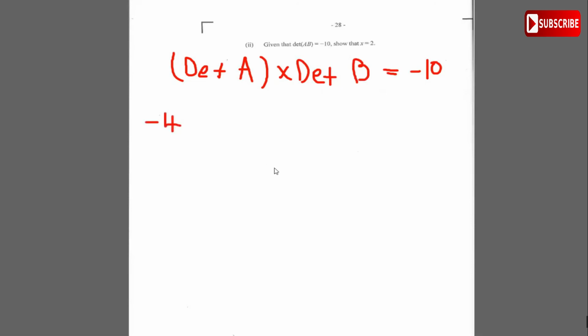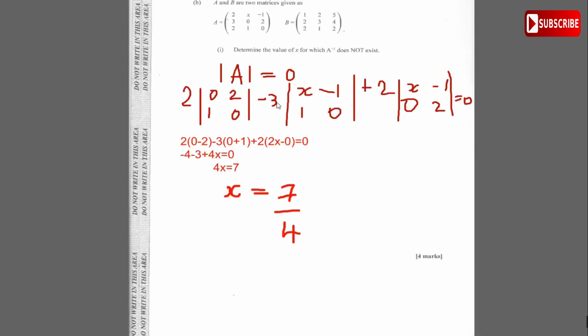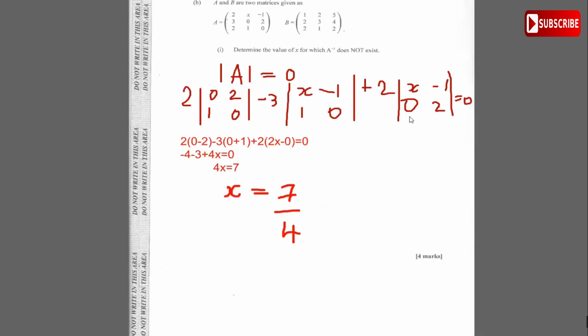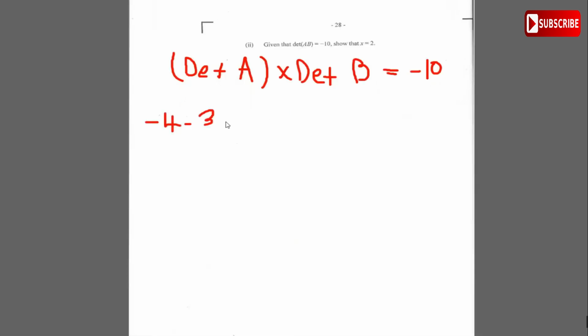Going back around here, it would have been minus 3, and going back here, it's plus 2 times 2x, which is plus 4x. So the determinant of A is given by minus 4 minus 3 plus 2x, all of this multiplied by the determinant of B.